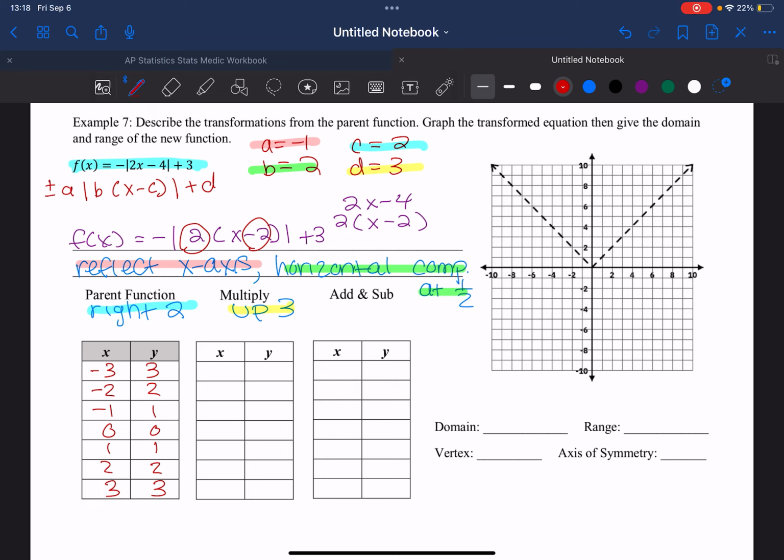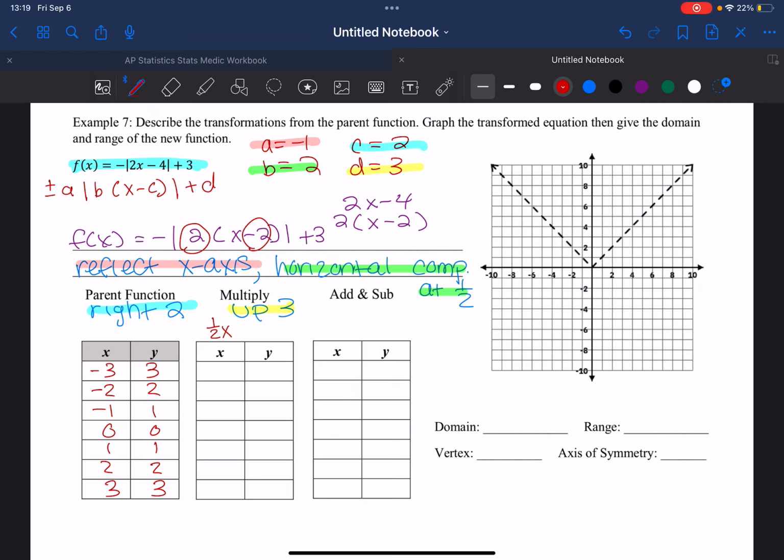Okay, let me backtrack. Here we are going to figure out how the reflection across the x-axis and the horizontal compression at 1/2 is affecting our x and y values. So the horizontal compression means we are going to multiply that by x. So our x value is going to get multiplied by 1/2.